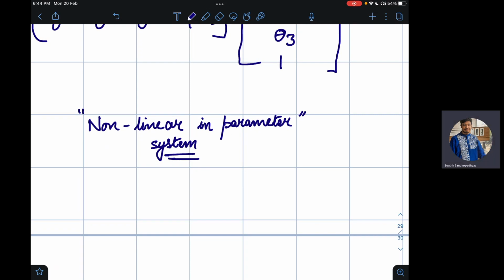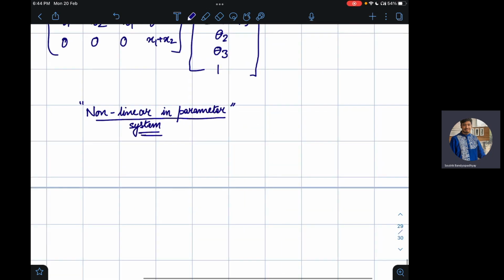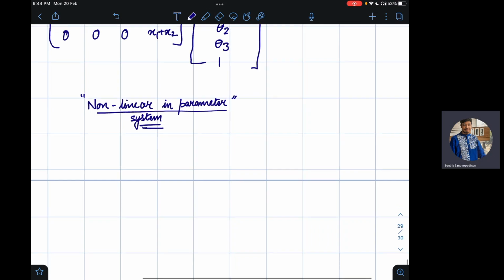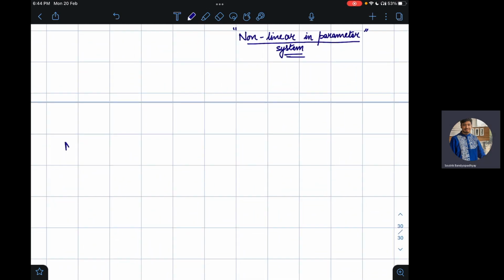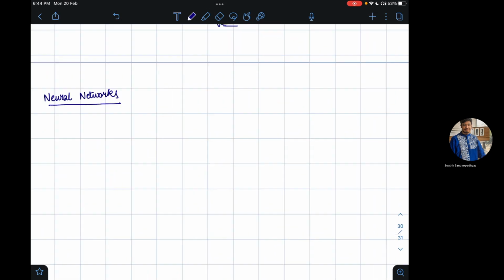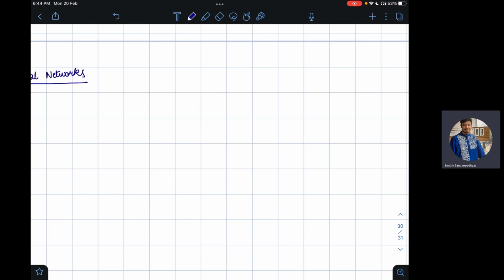So how do we deal with these kind of systems? This is an extension of adaptive control for these higher level parameter systems. So I would be teaching you neural networks as a method to solve these nonlinear in parameter systems. Now, to give you a brief introduction to neural networks and what they are, let's look at a general case where I have some inputs.